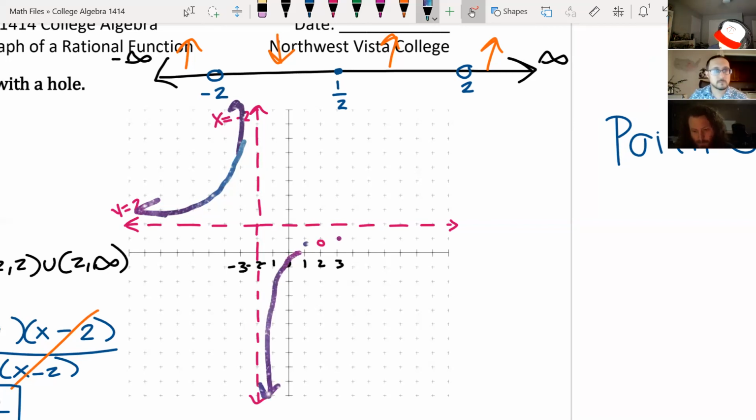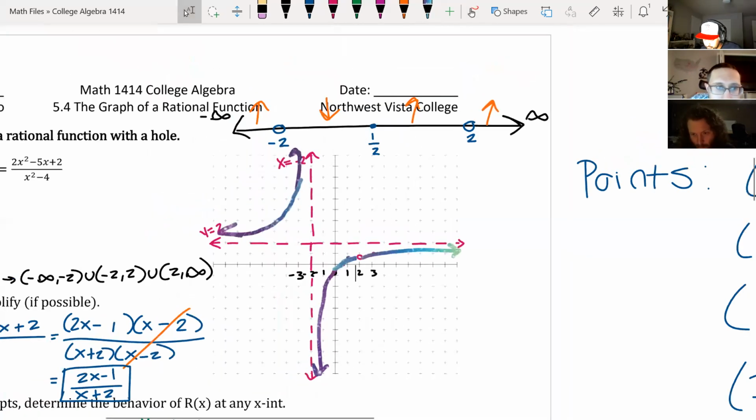And then from 1/2 to 2, we stop at the hole in the graph. And then from 2 to infinity, we begin at the hole in the graph and we stay above. And follow the horizontal asymptote out and to the right. There we go.